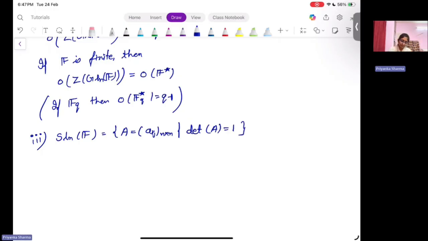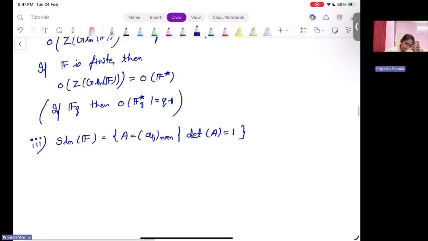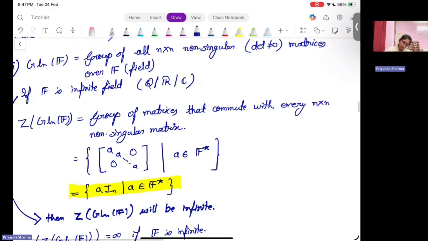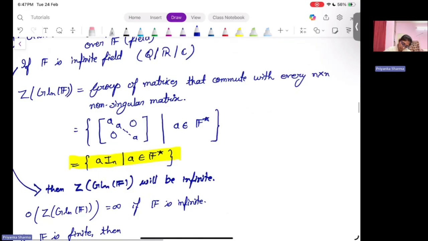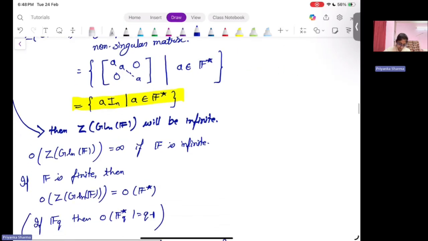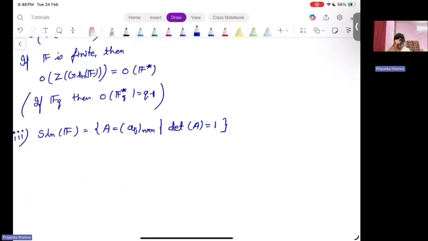And the center will be, so again, for a matrix to be a central element of SL_n(F), it must commute with every n by n non-singular matrix. So obviously only scalar matrices will qualify the restriction.